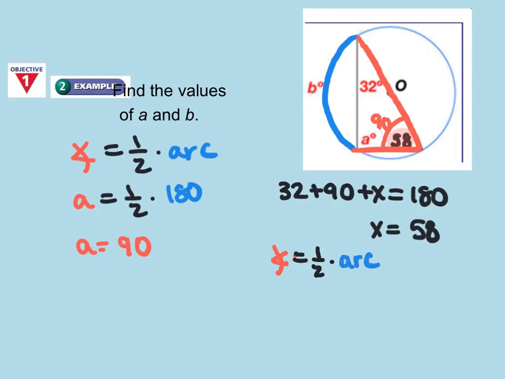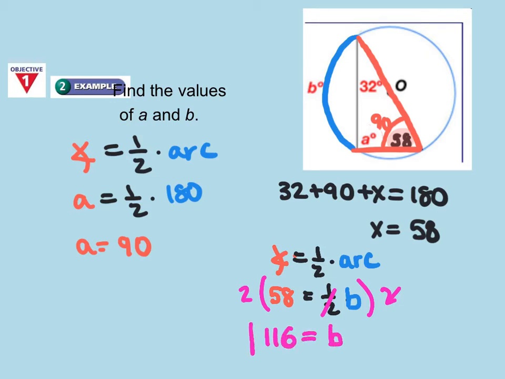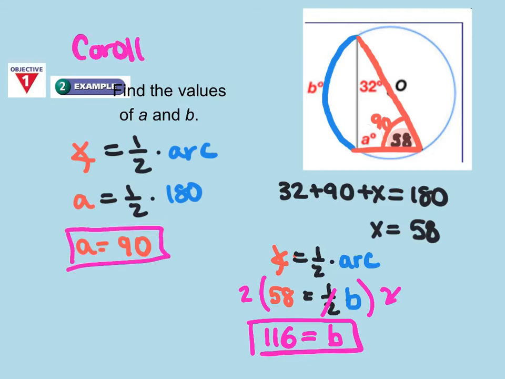So if I substitute, the angle of 58 equals 1/2 times the arc, which is b. So if I want to solve, I have to multiply both sides by 2 to cancel the 1/2, and 2 times 58 gives you a value of 116. So 116 is equal to b. And this is another example of a problem using Corollary 2.